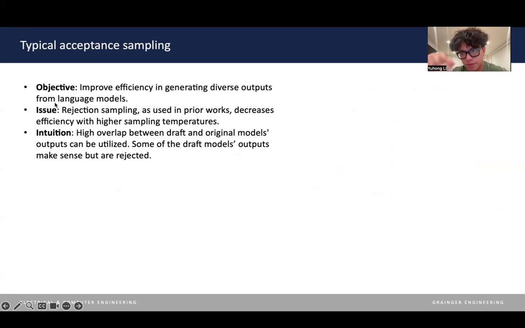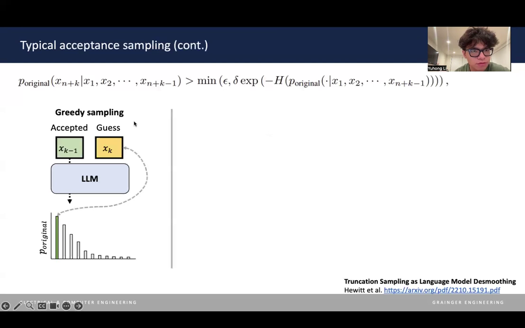Some outputs can be accepted by lowering the tolerance or the threshold, and that doesn't significantly impair the model's generation quality. But for random sampling, I don't accept it. So we just want to achieve higher acceptance and make the generation faster, right? So this is a formula, and we just explain this one.